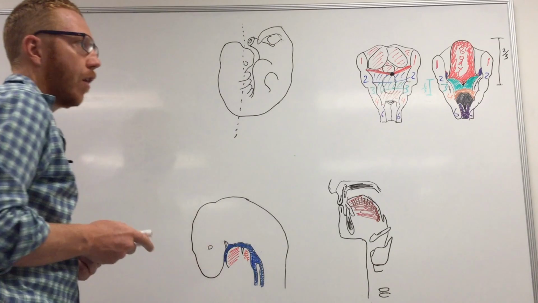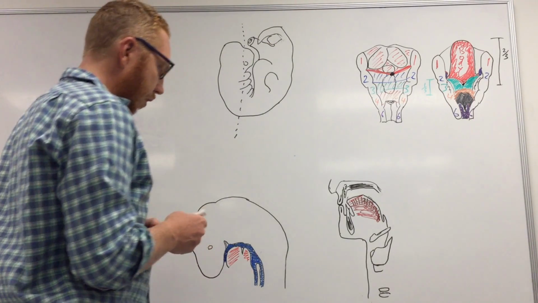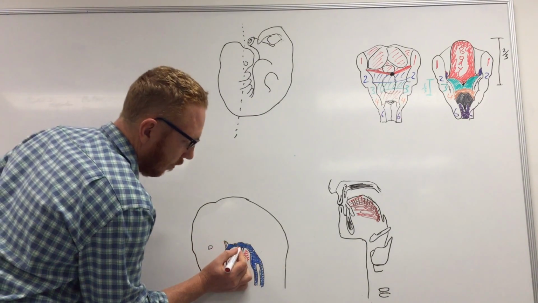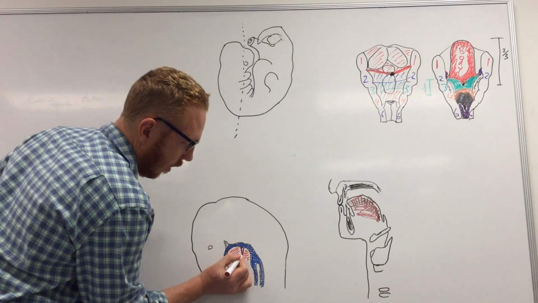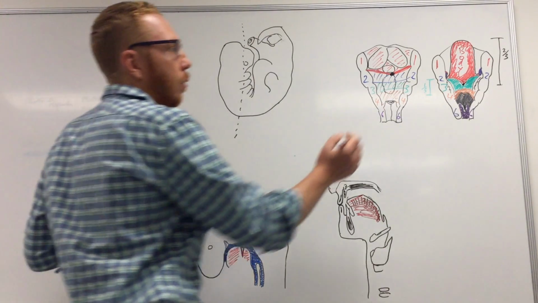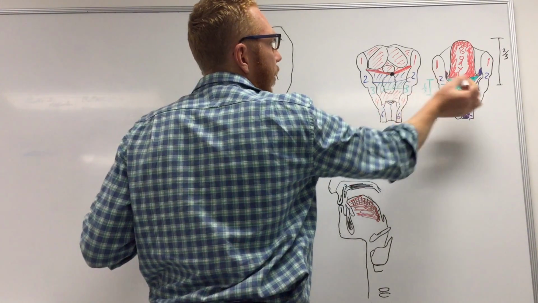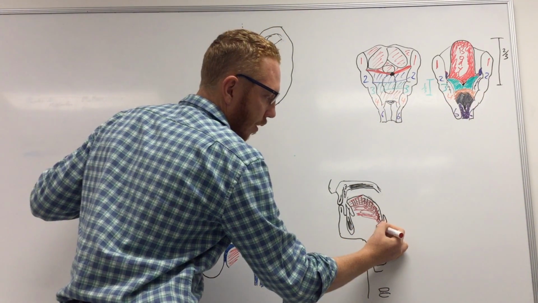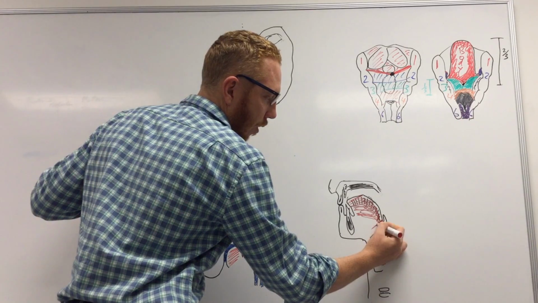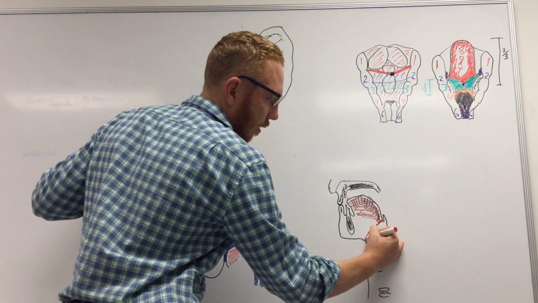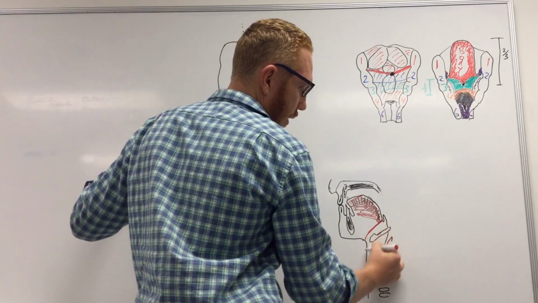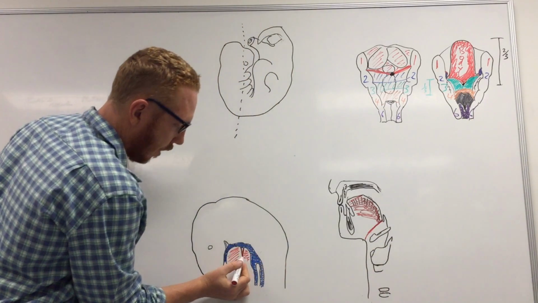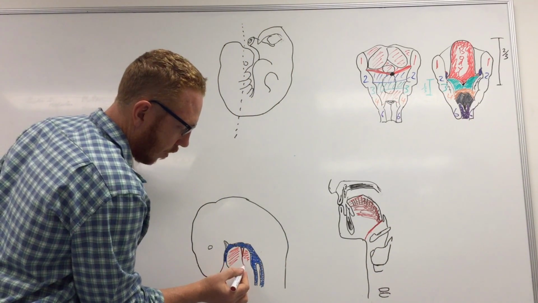Now, the way that the thyroid develops is it actually has an invagination at the back of the tongue. So it will come through the foramen cecum. And so from the foramen cecum, we have this thyroglossal duct that will come down and communicate through the tongue, like so.